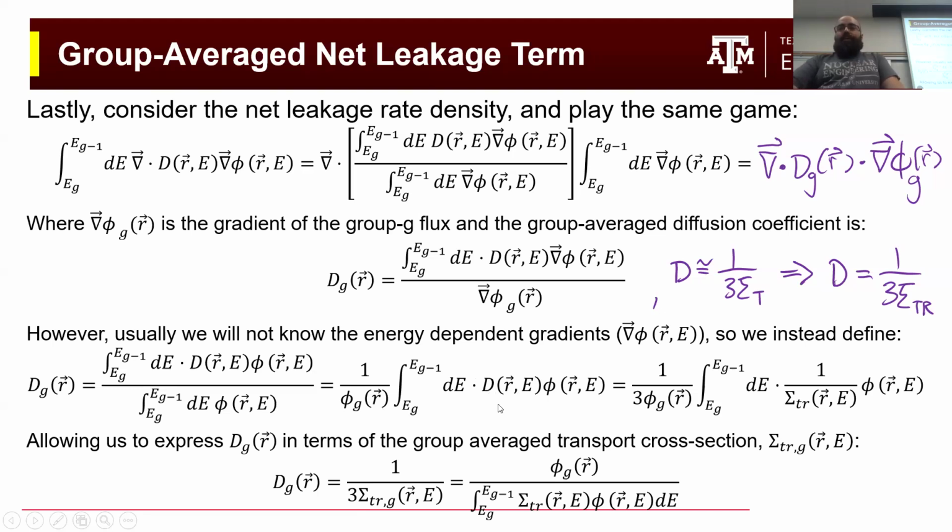And with that diffusion coefficient, we're rewriting it using the definition that the diffusion coefficient is the same thing as 1 over 3 sigma transport. So that's two different ways that you might approach the averaging of that diffusion coefficient. But either way, what we're going to end up working with is this D sub G, which is that group average diffusion coefficient.